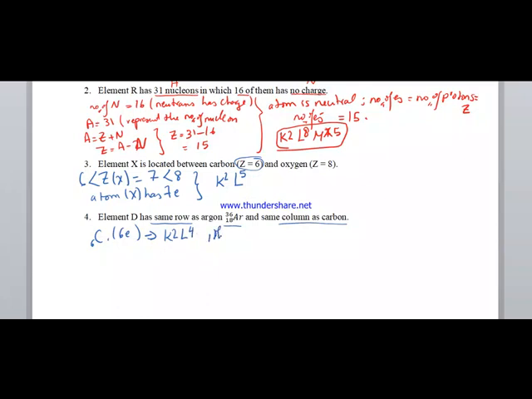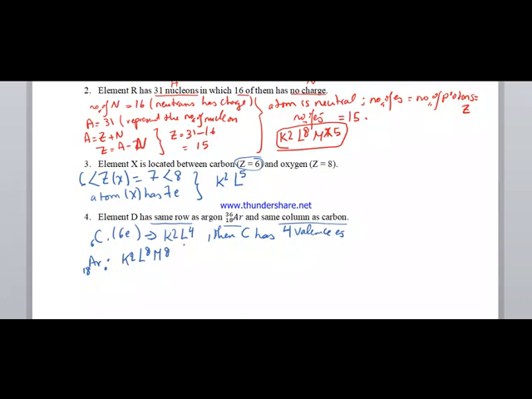Then carbon has 4 valence electrons. Argon, Ar, 18, has an electron configuration K2L8M8.